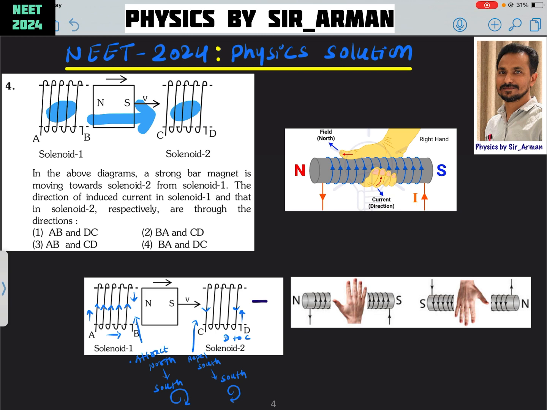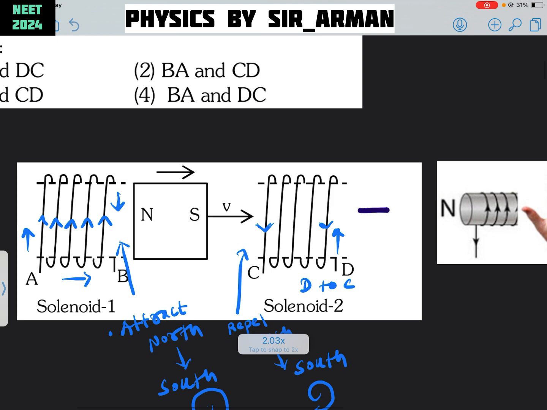In that case we have to identify the direction of the induced current in both solenoids. Remember, whenever this magnet is going away from the loop, the magnetic field decreases, so this loop will try to maintain the magnetic field, so it will try to attract this one.